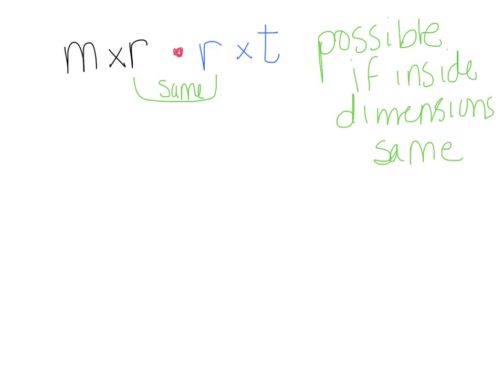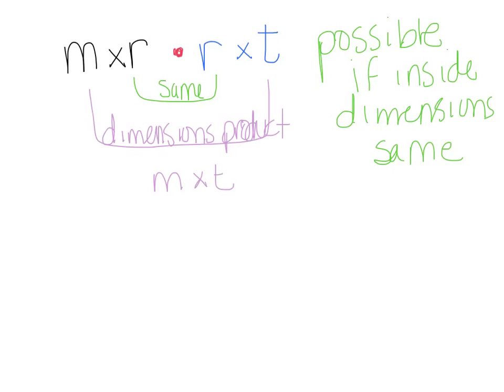Let's go different color still. Let's see, this is dimensions of the product. And an m by t matrix is the answer.